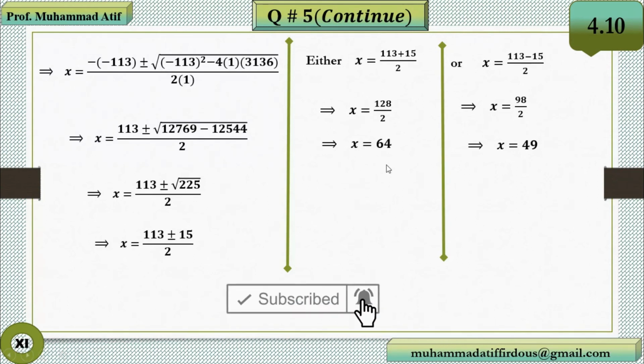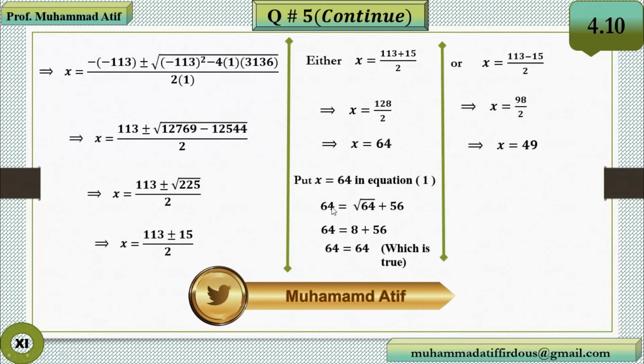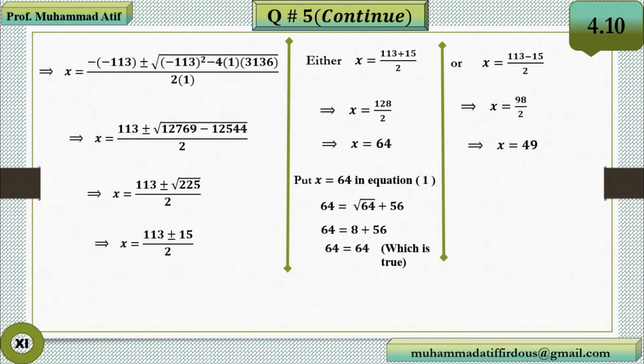So put x is equal to 9 in the given equation, or you can say in equation 1, and simplifying this, you have left hand side is equal to right hand side, which is true. It means x is equal to 9 is the root of the given equation, the root of equation 1. Got it? Now check our second number, which is x is equal to 4.